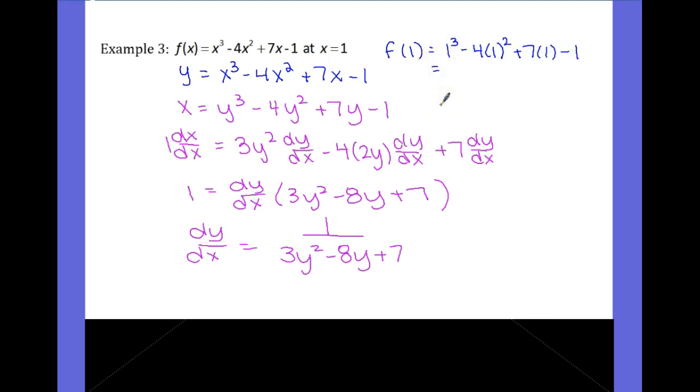So you get 1 minus 4 plus 7 minus 1, which is 3. So what that means is we're going to find the derivative, or dy/dx, at 3.